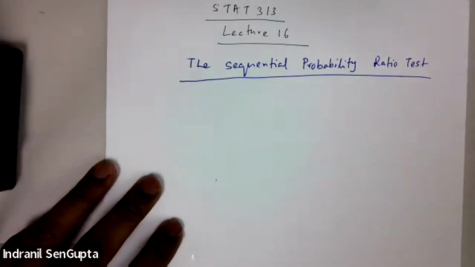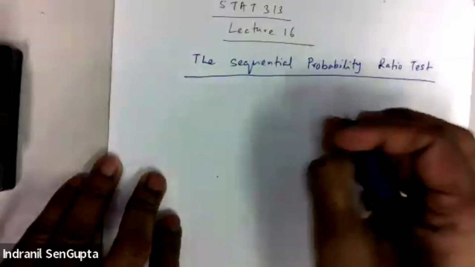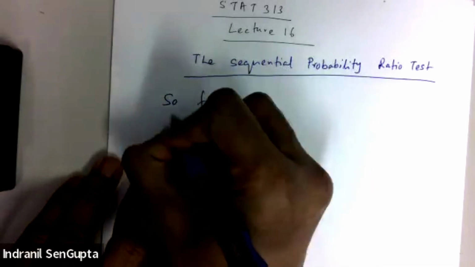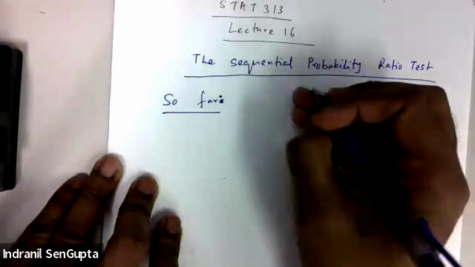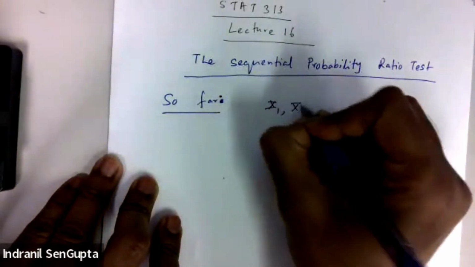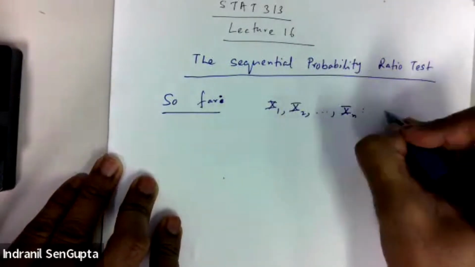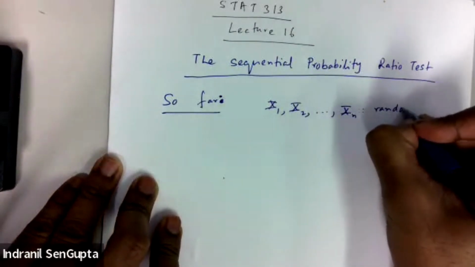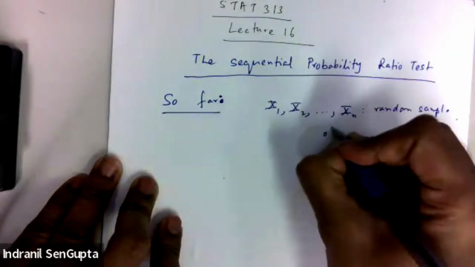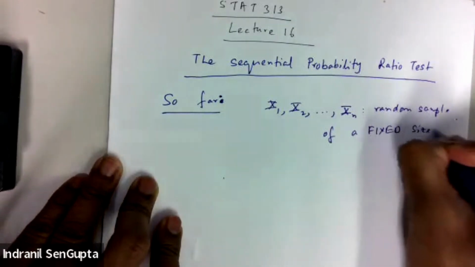Now, whatever we have done so far in this course, when we considered a sample, say x1, x2, ..., xn, it's a random sample of a fixed size n.